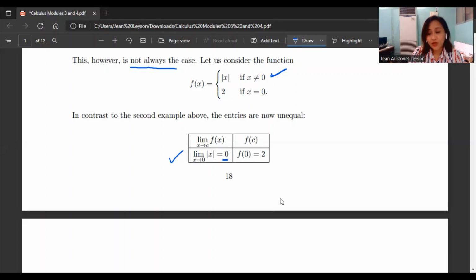Now for the value of the function at exactly 0, we'll be using this one since x is equal to 0, and that will give us 2. So therefore, for this case, the limit of the function at C and the value of the function at C are now unequal.